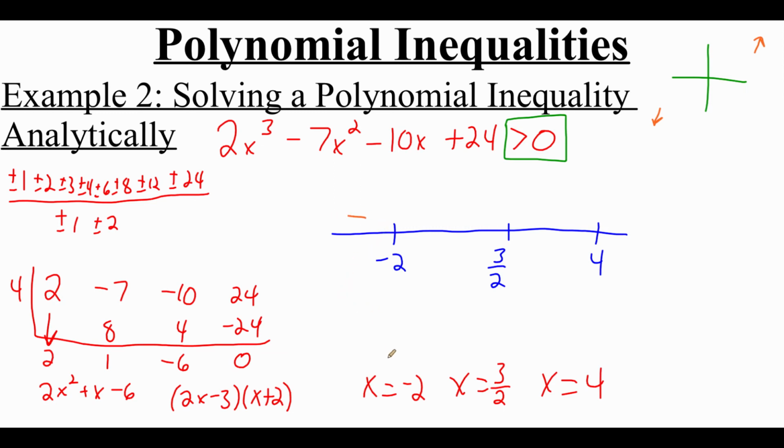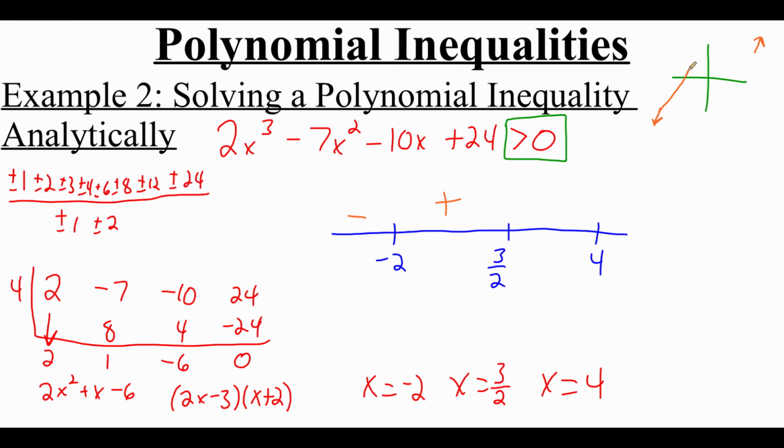Now, as we're looking at how these zeros are happening, and if we think about their multiplicity, each one of these has a multiplicity of 1, meaning that our graph is going to cross through the x-axis at each one of these values. So if I'm starting below the x-axis and working my way up, knowing that I have to cross at -2, then my function will be above the x-axis, making it positive between -2 and 3/2.